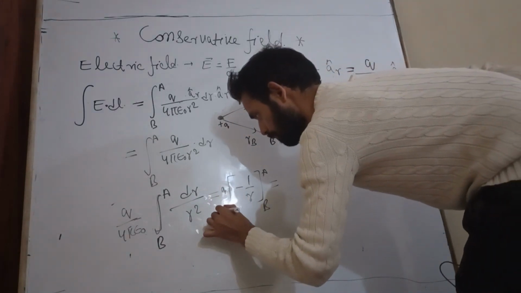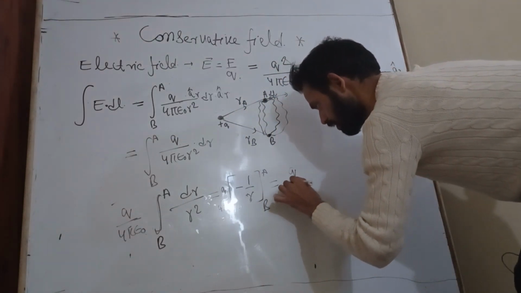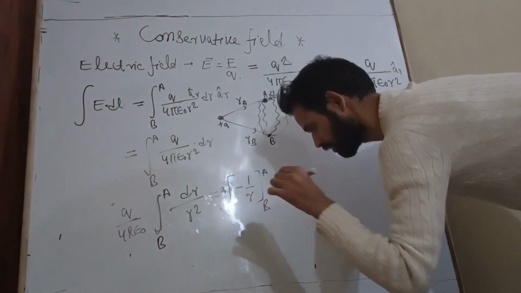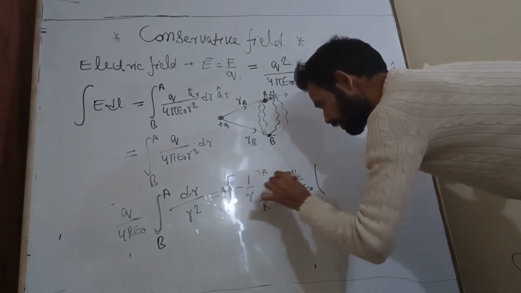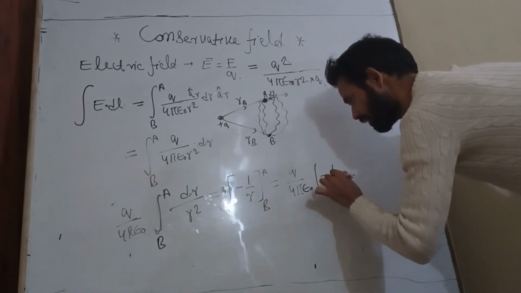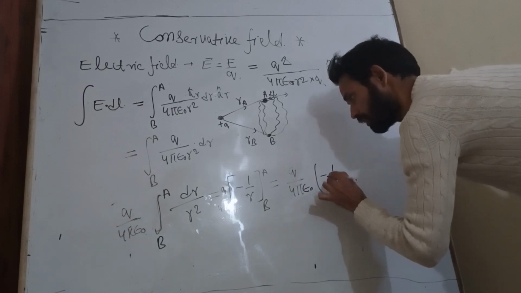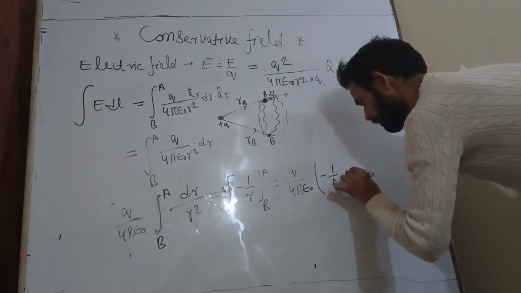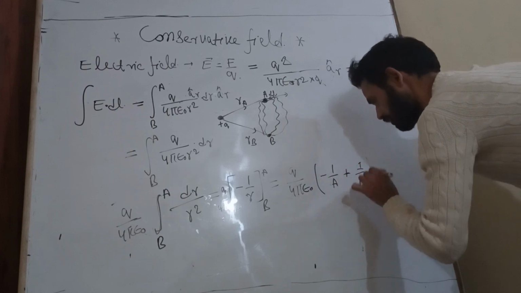So we have q by 4 pi epsilon times minus 1 by r at the upper limit r a, plus 1 by b.